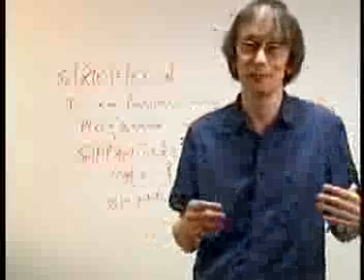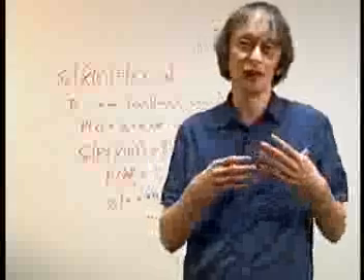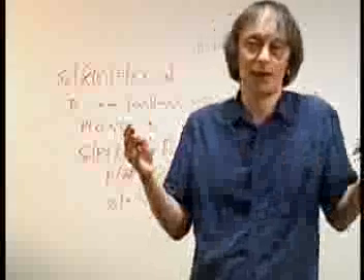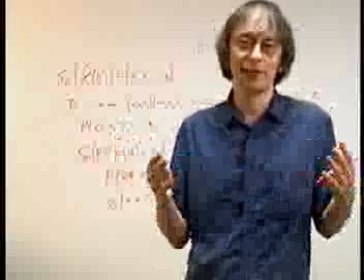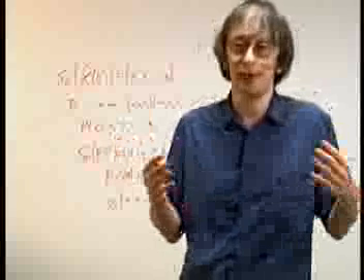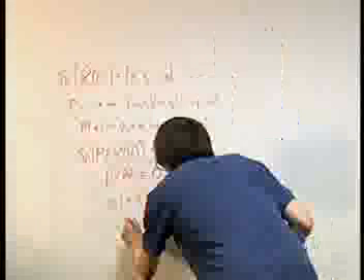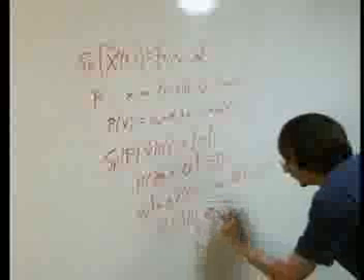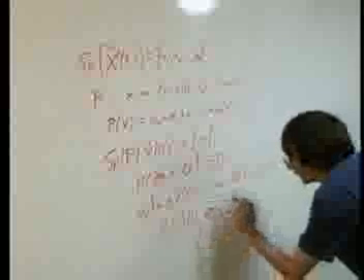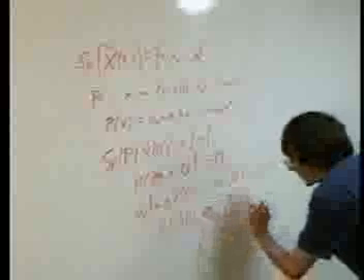So, suppose you found an algebraic equation that related some of the observables of the system at time t, say f of a of t, b of t, and so on, equals 0.